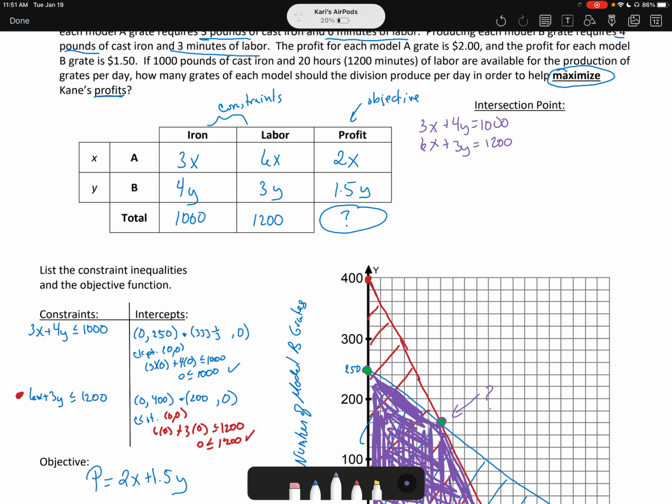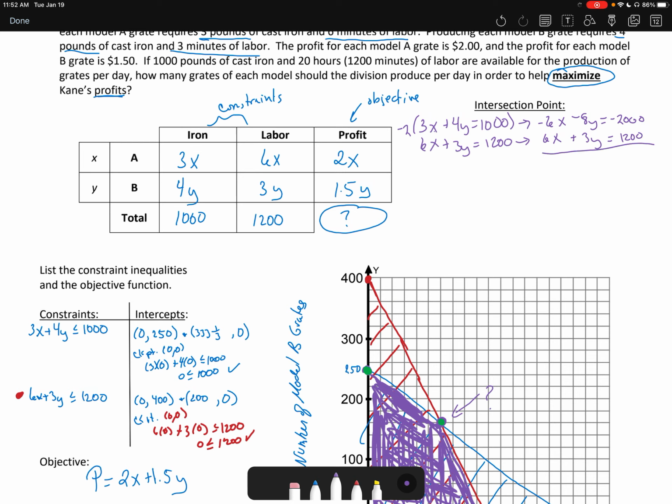So what you need to do is go back to stuff that we've already learned and say, okay, I need to find the intersection point between these two. So I'll fall back on some old methods. I'm going to multiply this by -2 and do this by the addition method. That would give me -6x minus 8y equals -2,000. This one stays the same.